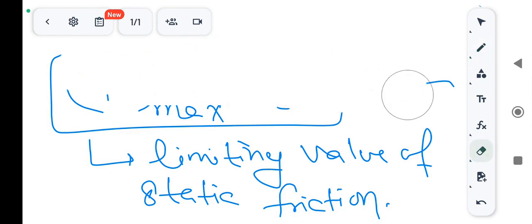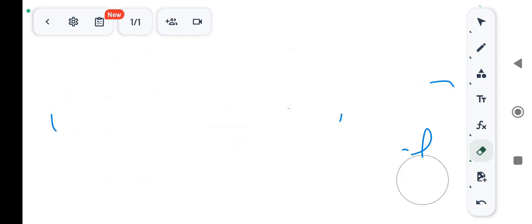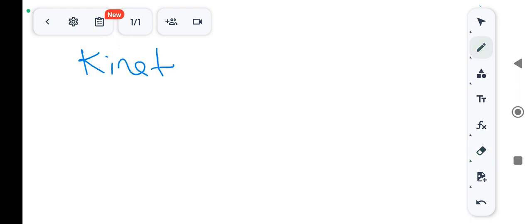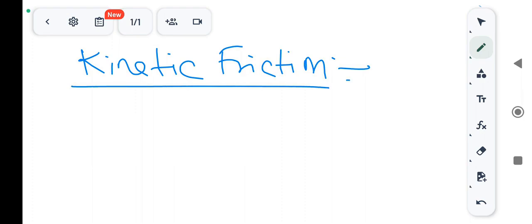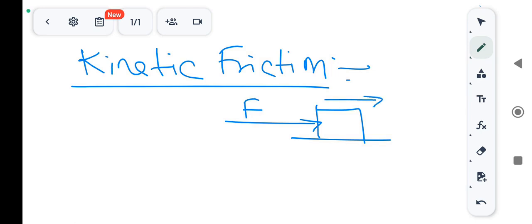The next point is kinetic friction. In case of kinetic friction, this is the body on the surface, with external force F on the body, and it is in motion.